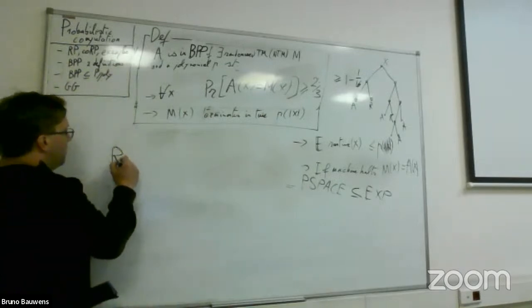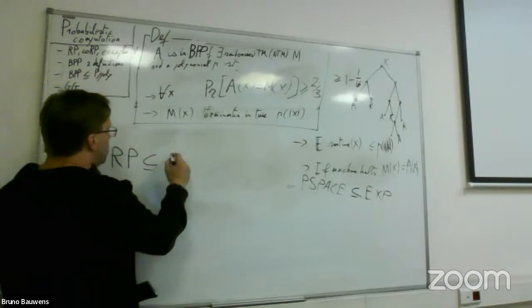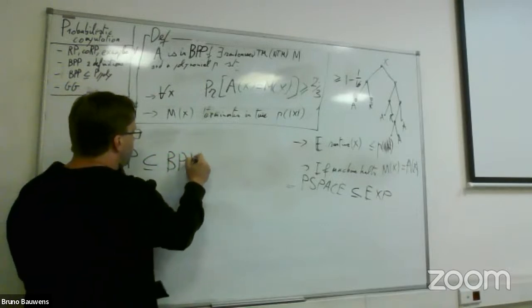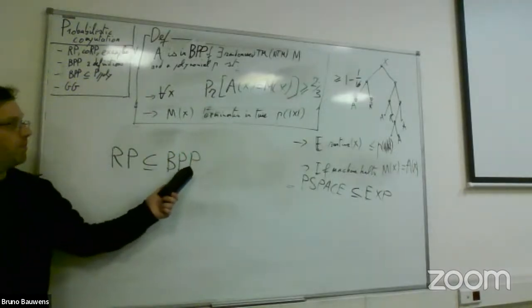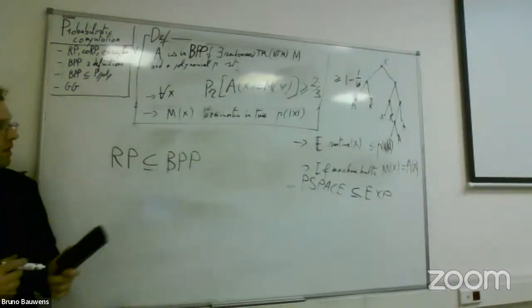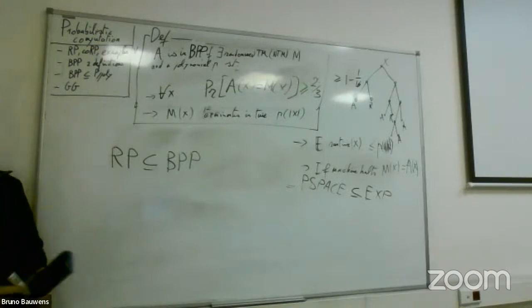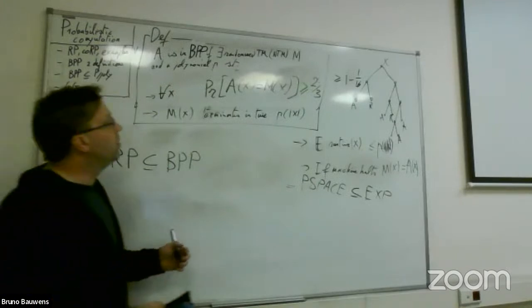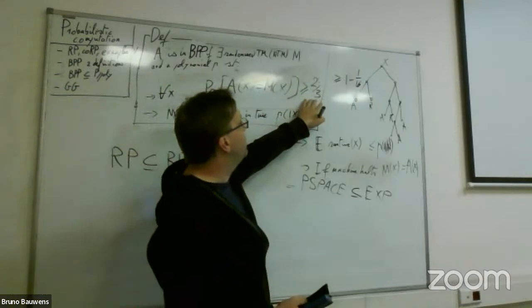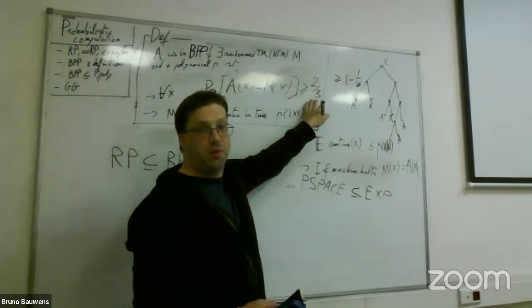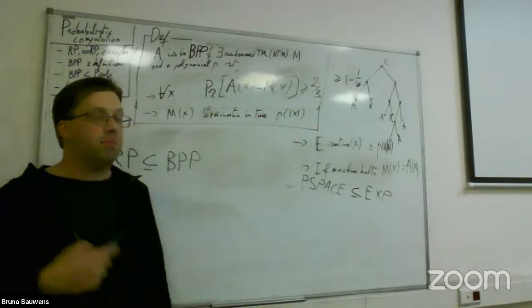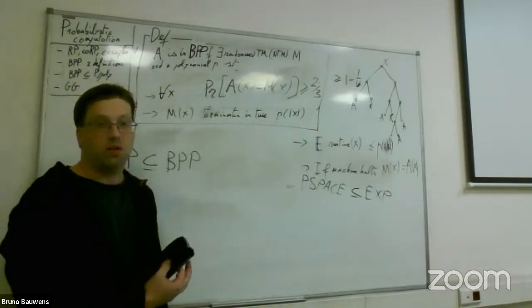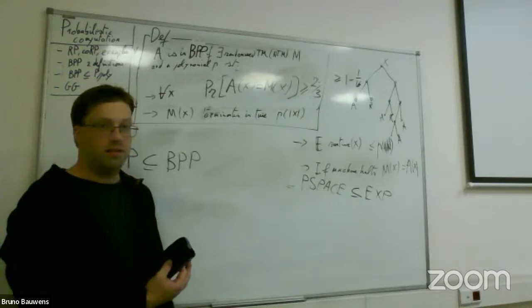And so we have that RP is a subset of BPP. Do you understand why this is true? Now the probability of error must be at most 1/3. We had 1/2 in the definition of RP, but we explained that we could equivalently have 1/4 there.